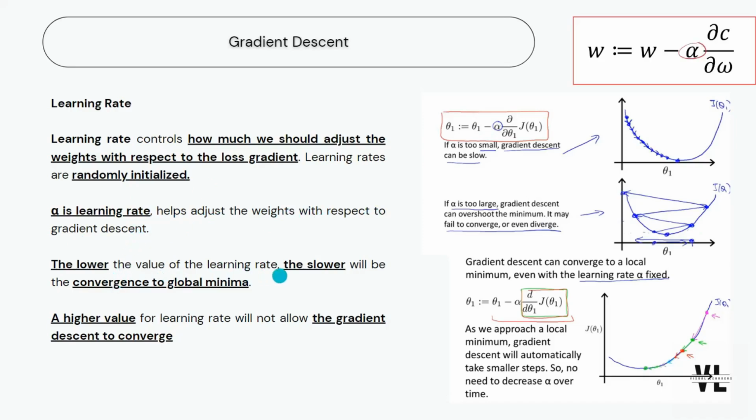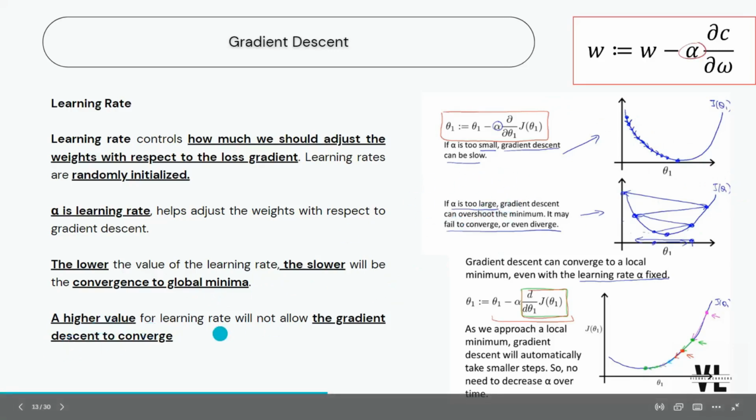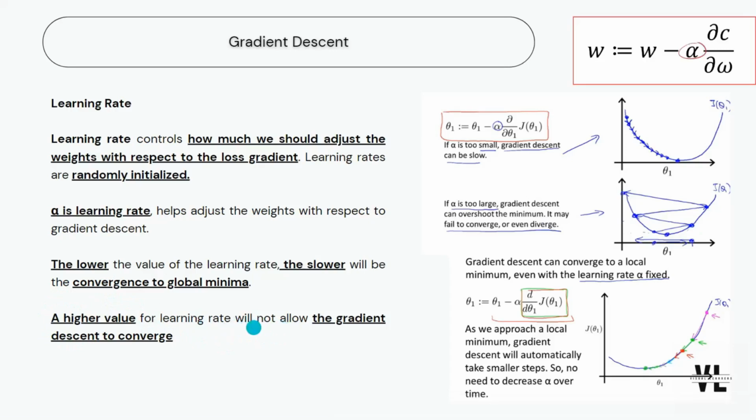The lower the value of the learning rate, the slower the convergence to the global minima. So if alpha is too small, then gradient descent can be very slow, because we're basically subtracting a small number from theta, and each change will be very slow, and we don't want that to happen. And if alpha is too large, if a higher value is used for the learning rate, it will not allow gradient descent to converge.